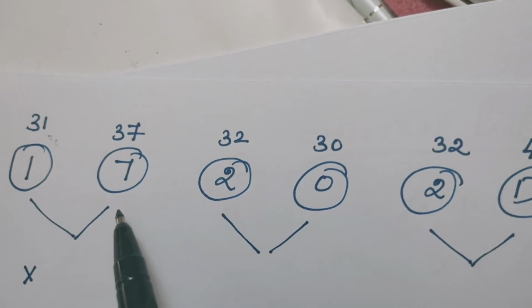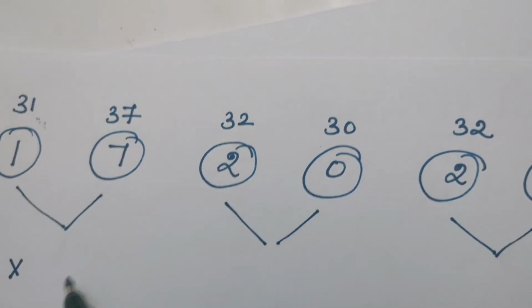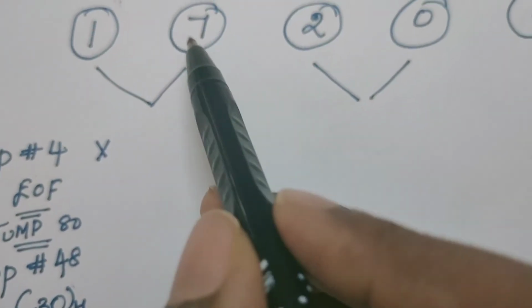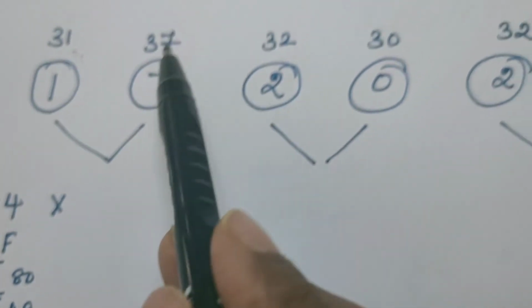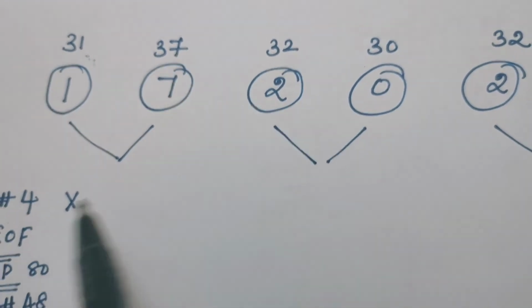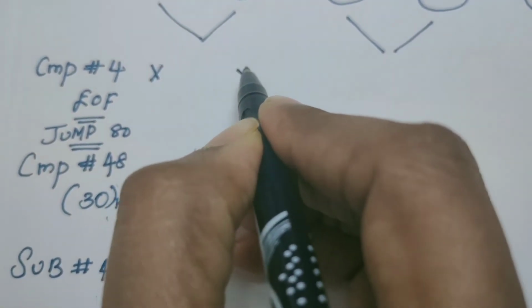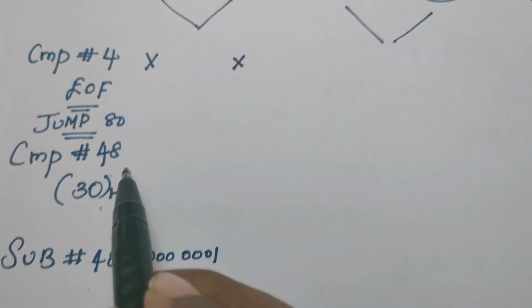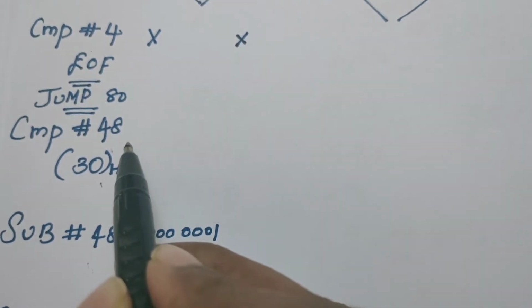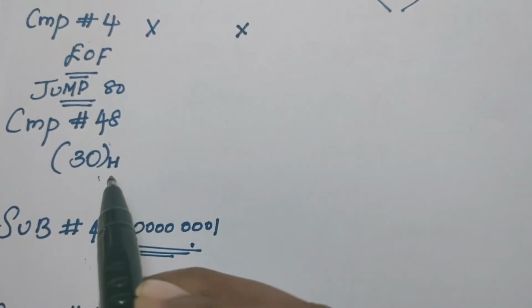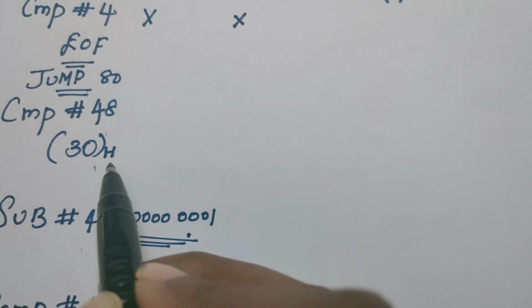So what is the next character here? The next character is 7. Now again the same comparison, all these operations will happen. The ASCII value for 7 is 37. Now we have not reached the end of the file, so this condition fails here. Now this value is compared with decimal value 48. It means it is compared with hexadecimal value 30.